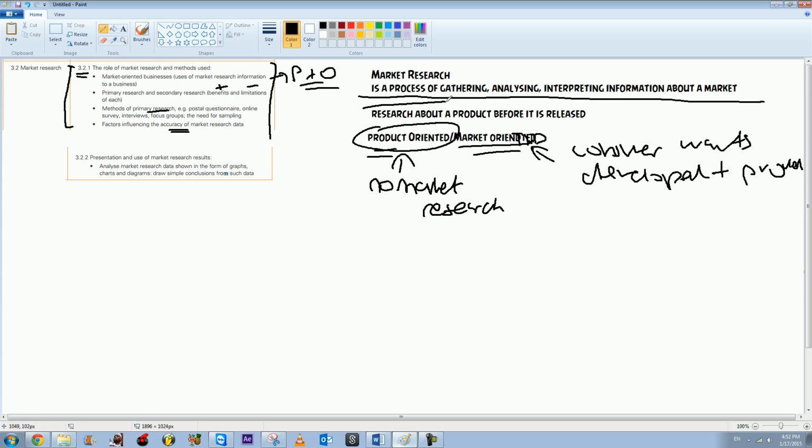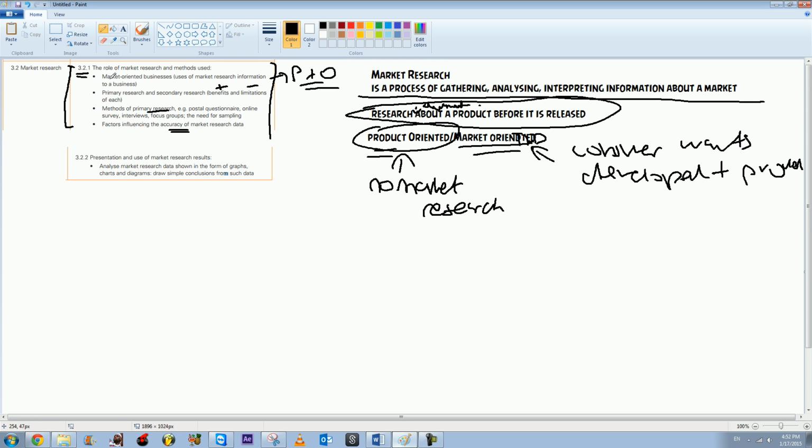So it kind of links to this first statement right here. It's about product research and development, we should say. Okay, so that should get you in the mood.